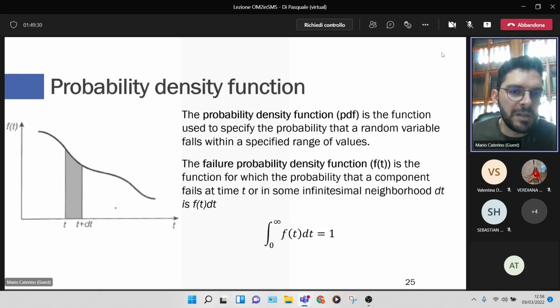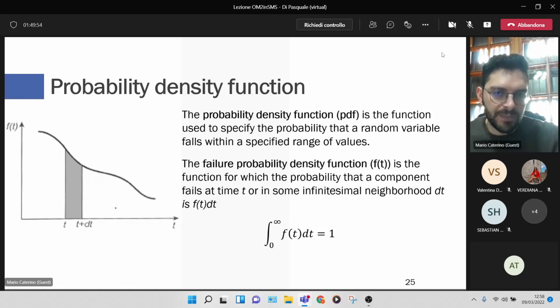This simply means that the probability that the system will fail at a certain time between 0 and infinite is 1. So we are sure that when t tends to infinite, there will be a failure.